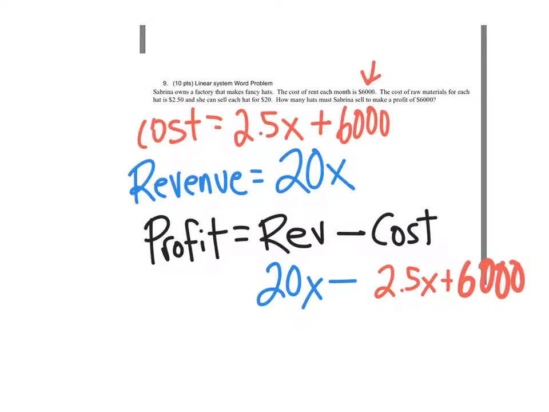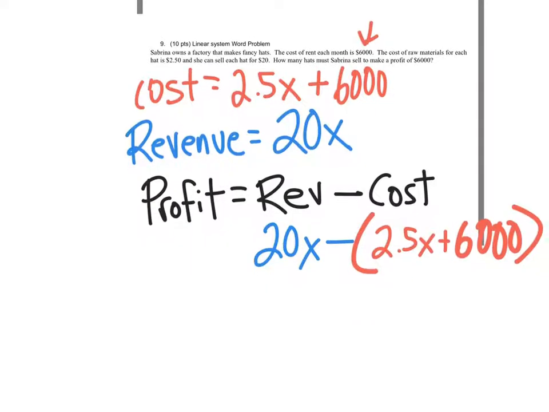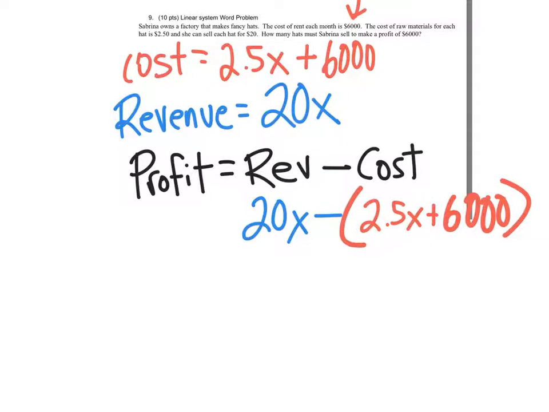Critically, we must put this in parentheses, because we don't want to get revenue and cost confused. Now we need to distribute. We've got this little negative here, so we can put a -1 and distribute the -1 into the 2.5x and then into the 6,000 to determine the profit equation.